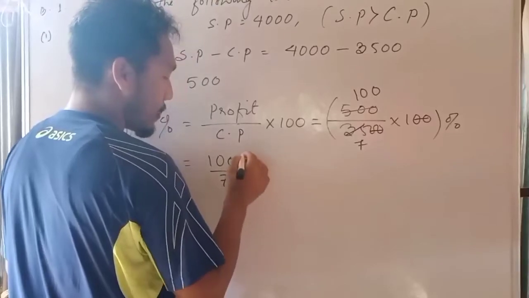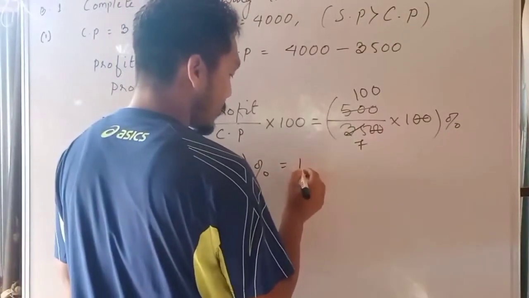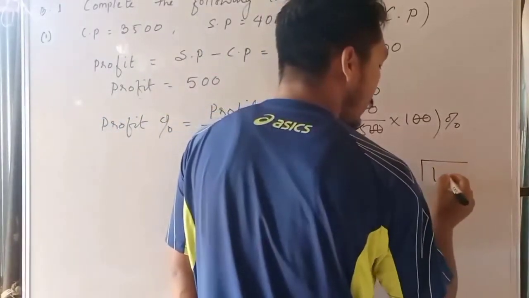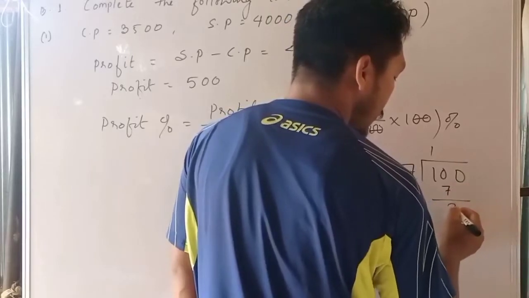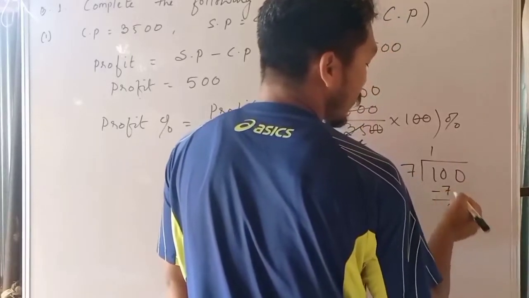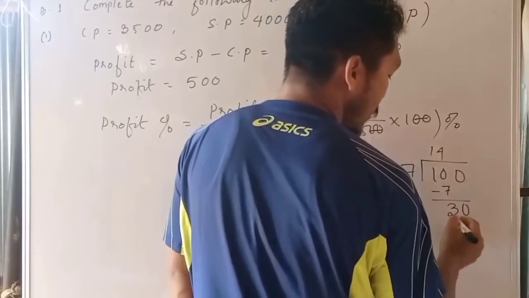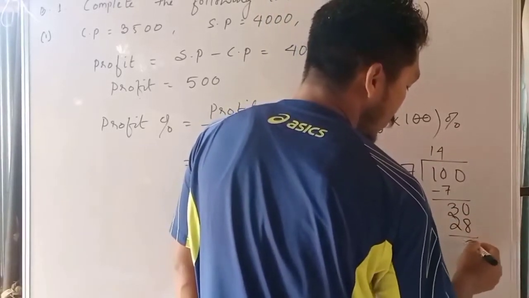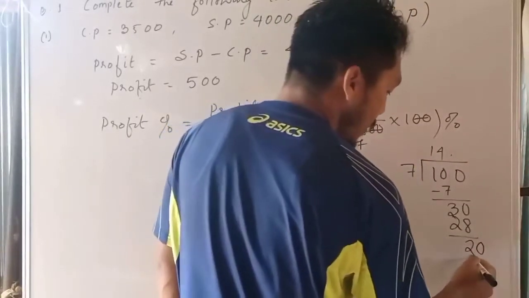Now divide by 7. So if you divide 100 by 7, you get how much? 7 ones are 7. Subtracting, it becomes 3. 7 fours are 28. 2 remains. 7 twos are 14.